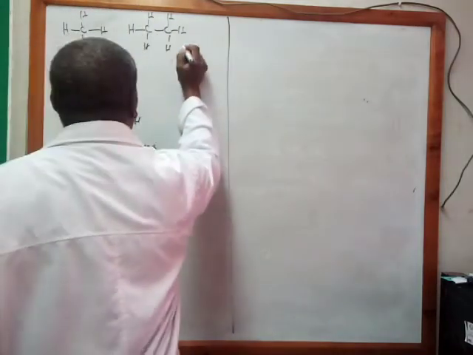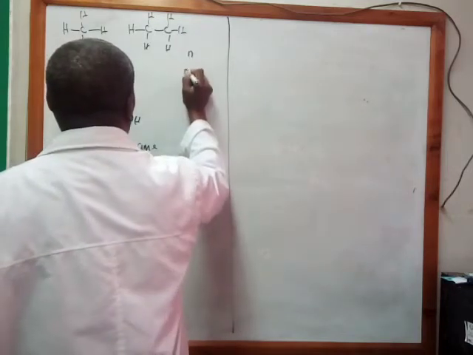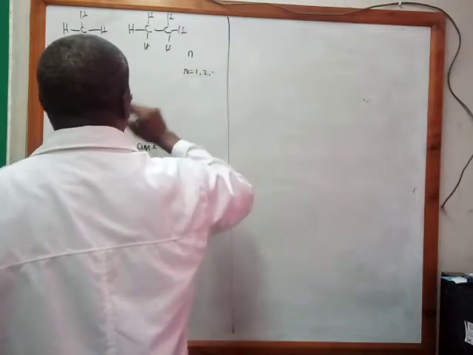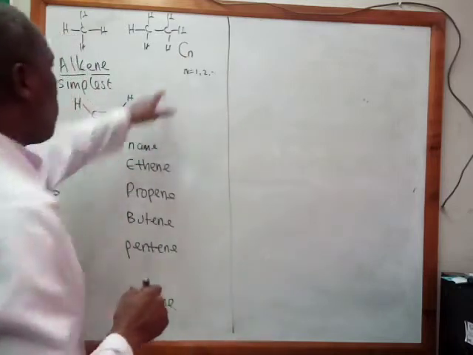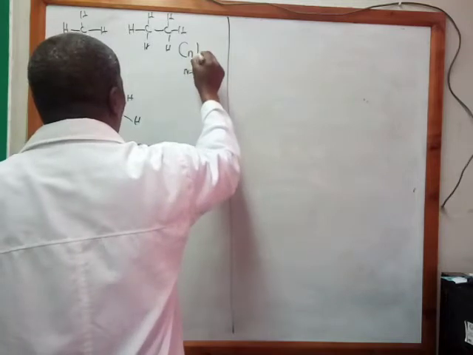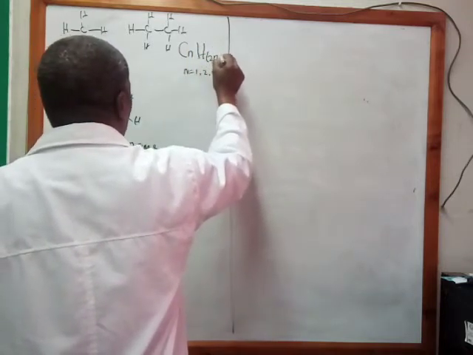If you're going to have n number of carbon atoms, where n equals 1, 2, for example, you put a capital C there, where n is the number of carbon atoms. So the number of hydrogens will be represented by, in bracket, 2n plus 2.